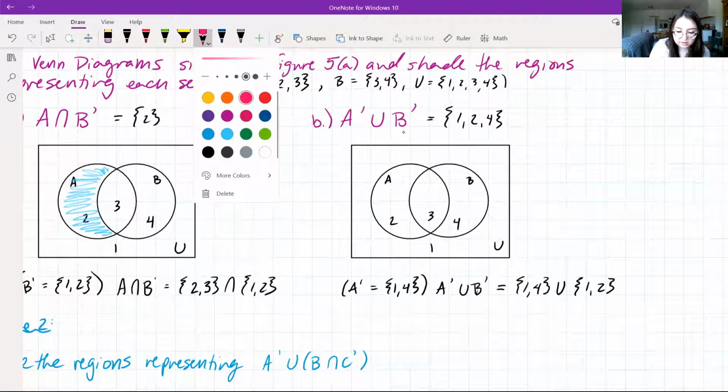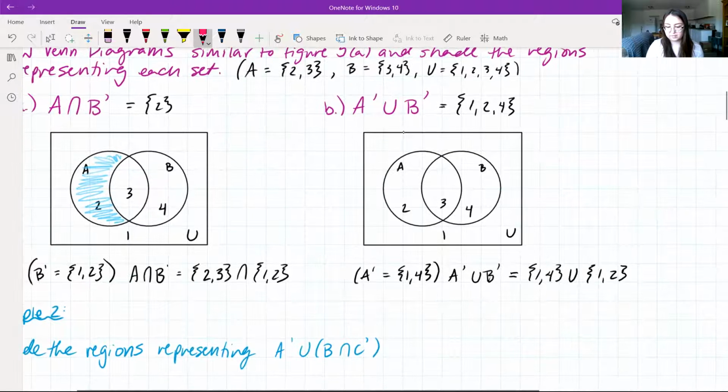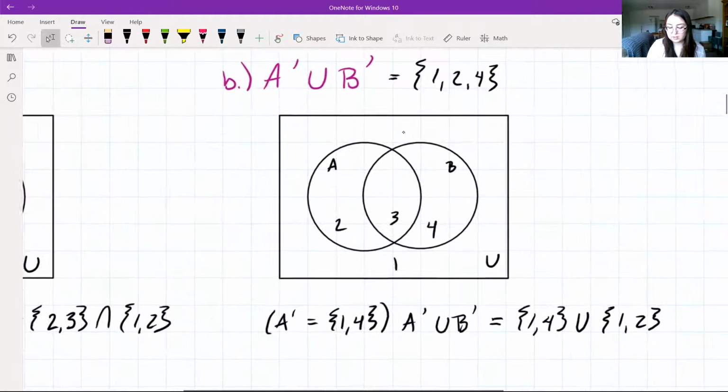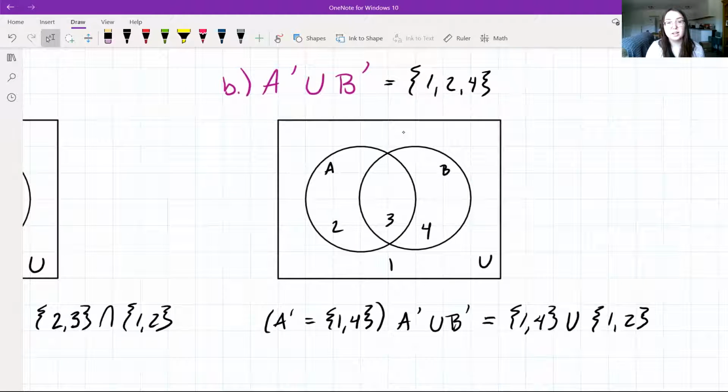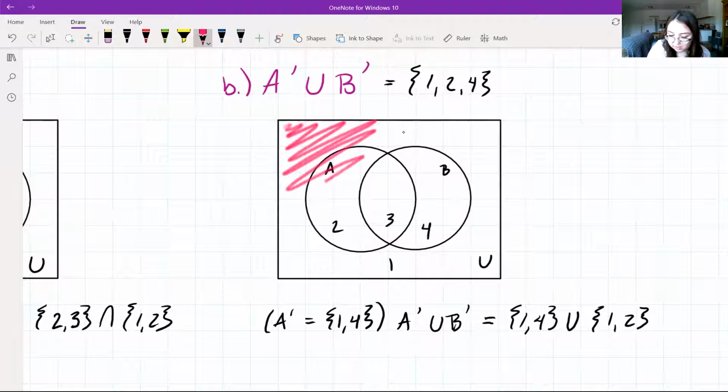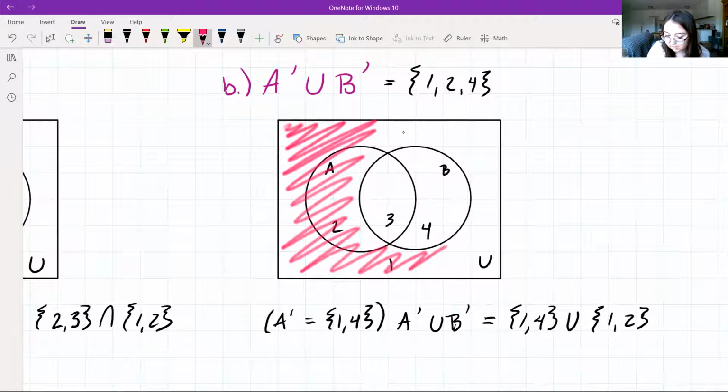So now we can just color this in. So basically the only value that we're not coloring in is 3, or the shared area. So we can just fill this in. This is included.